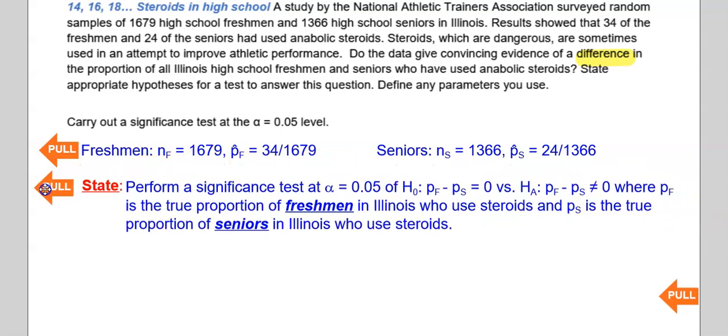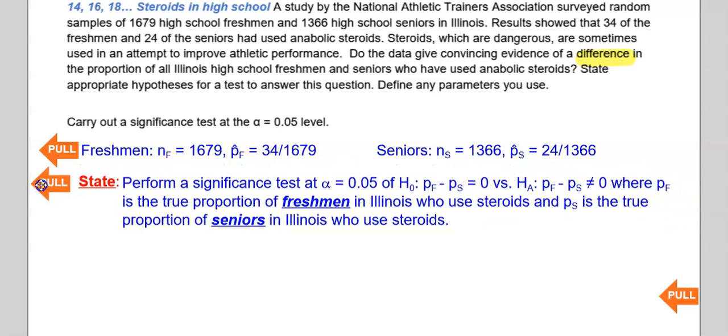So we're going to start with our four-step process: state, plan, do, conclude. Here's the state. Perform a significance test at alpha equals 0.05 of the null hypothesis p sub f minus p sub s equals 0. Notice that I've used p without a hat here, and that's important because when we do a hypothesis test, we are trying to look back at population parameters.